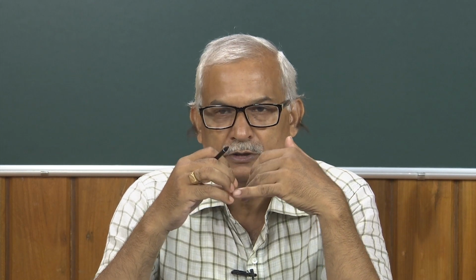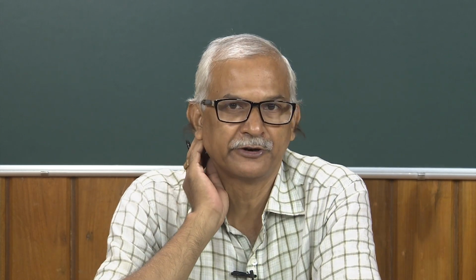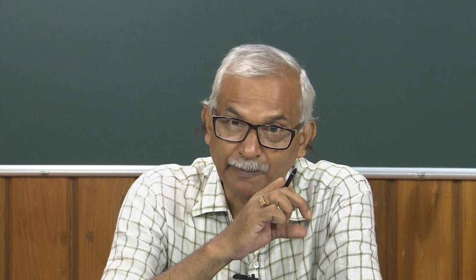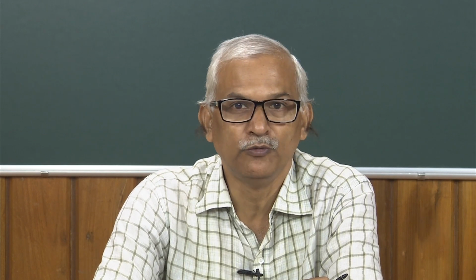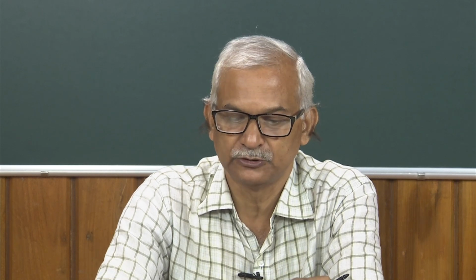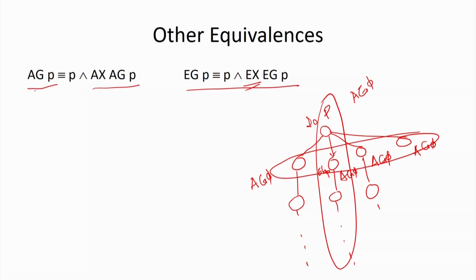Now, what it basically says is that when I talk about the global operator and look for its truth value in a particular state, then by looking into its next state we can find out the truth value of this global operator in the given state. That is why AGP is equivalent to P, where P must be true in that particular state, and in all paths in the next state AGP must be true.